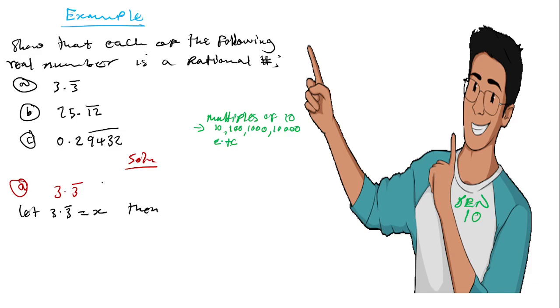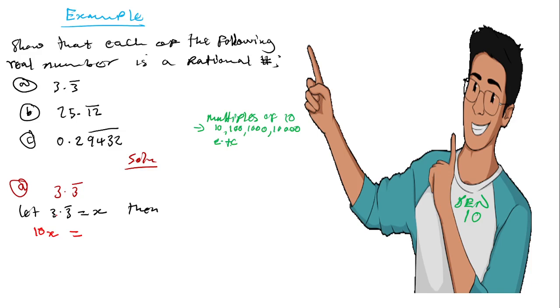So you are going to say 10x. So 10x is simply equal to, when you multiply this by 10, 33.3 bar.